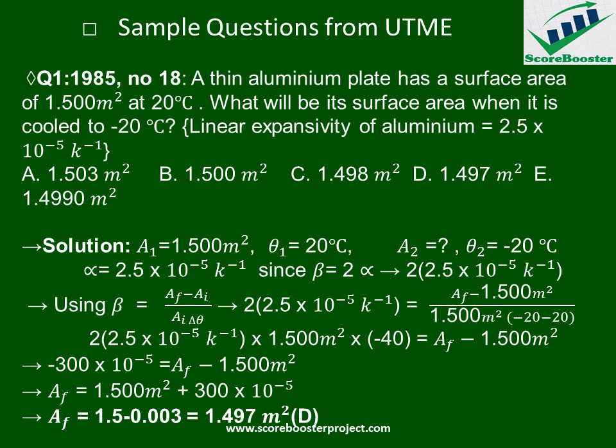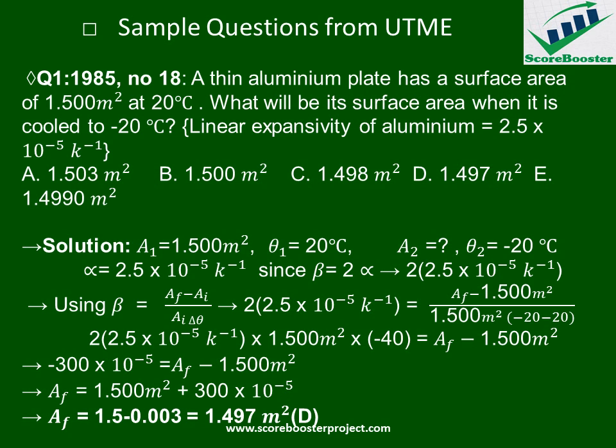So using beta equals 2 alpha, our beta will be 2 times linear expansivity, which is 2 into bracket 2.5 times 10 to the power minus 5 per Kelvin. Now that we know the value of our area expansivity, we can proceed to the formula and substitute for the given parameters.